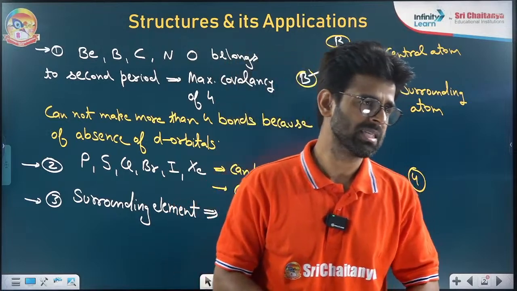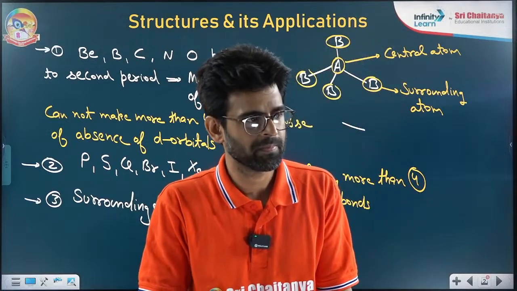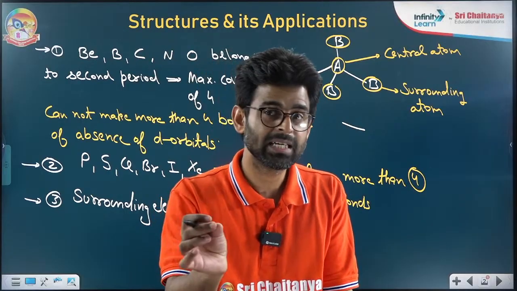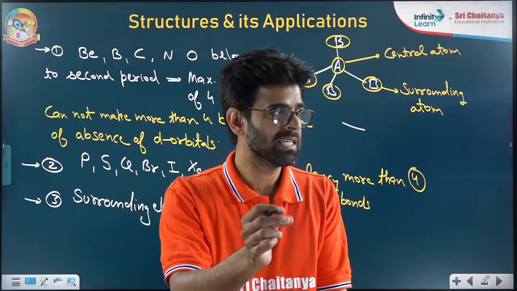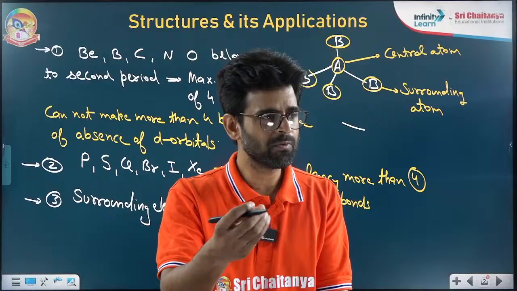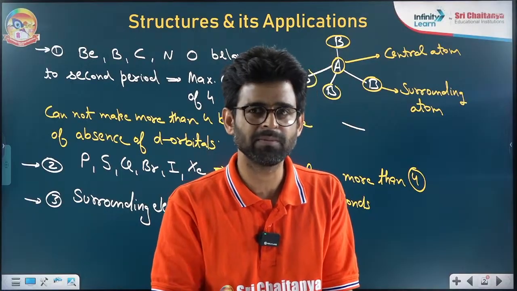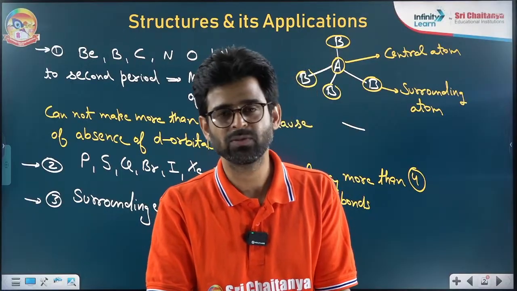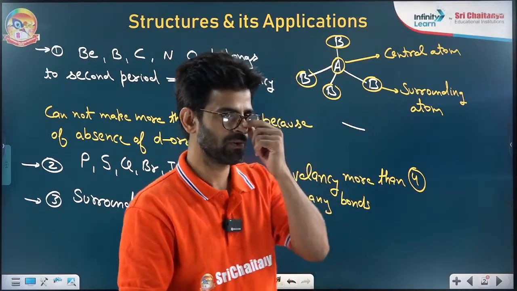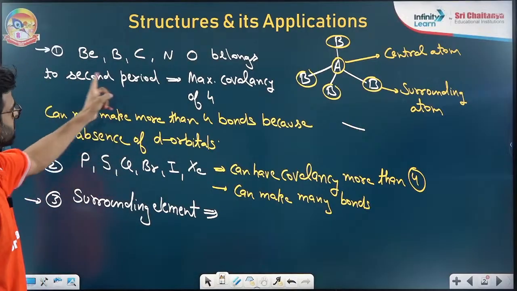Yes Rohit, they can make more than 5 also, no issue. Like in SF6, sulfur makes 6 bonds. So more than 4, if it is there, it's no issue, don't worry about that. You will not make that mistake. You should be careful about these only.